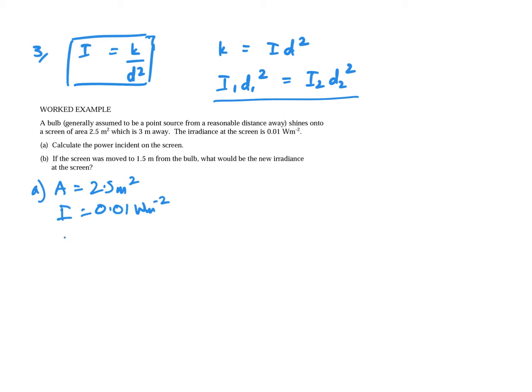The distance I'm going to call D1 is 3 metres, and I'm going to call that I1 to go with that as well. But for part A, we're going to use the first formula that we introduced, so I equals P over A. Substituting in, 0.01 equals P over 2.5, and rearranging then we get P equals 0.025 watts.